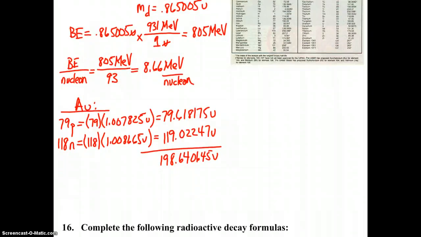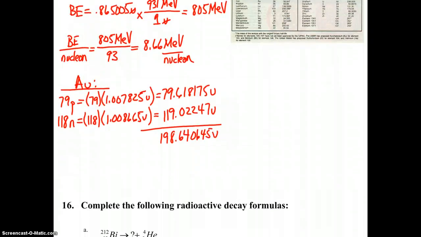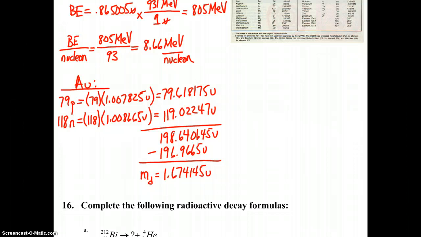and we see that it is actually only 196.9665 atomic mass units. Subtract to get the mass defect, and that gives us 1.674145 atomic mass units.